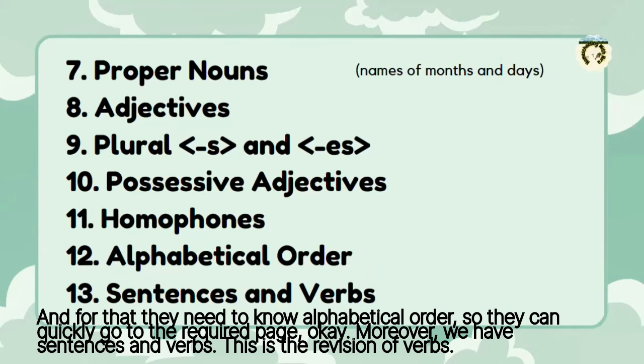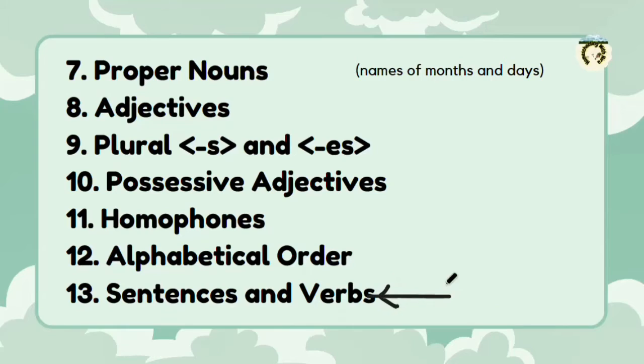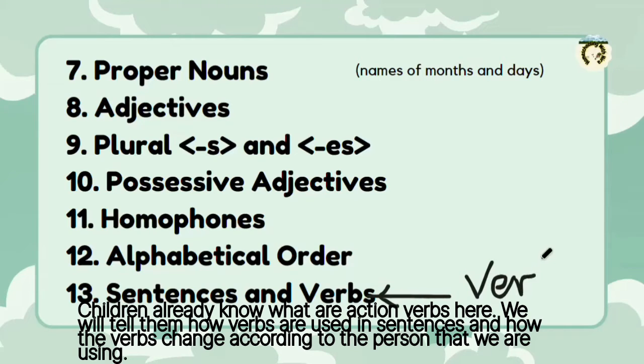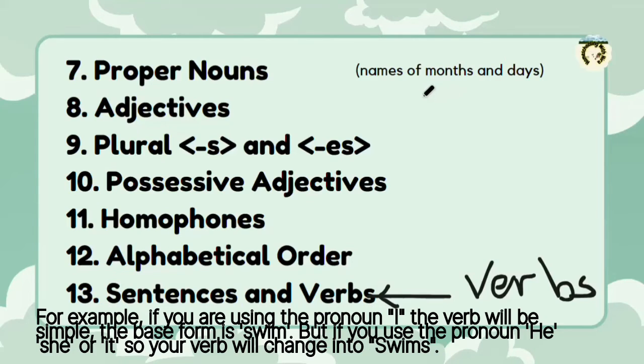Okay. Moreover, we have sentences and verbs. This is the revision of verbs. Children already know what are action verbs. Here we will tell them how verbs are used in sentences and how the verbs are changing according to the person that we are using. For example, if we are using the pronoun I, the verb will be simple, the base form, that is sow.